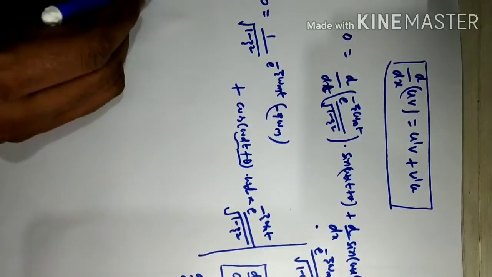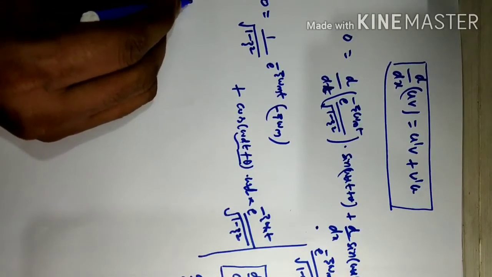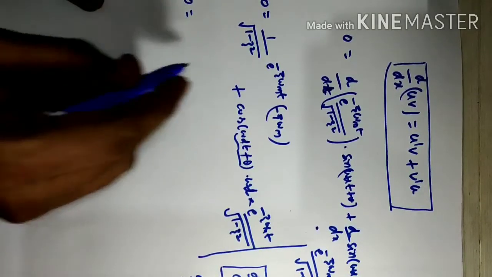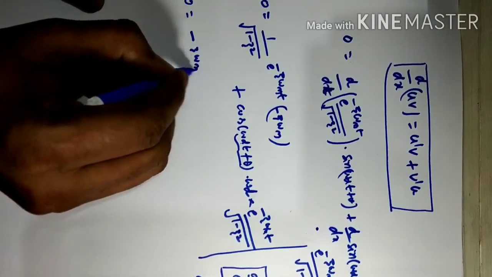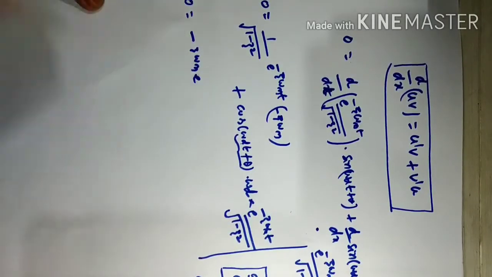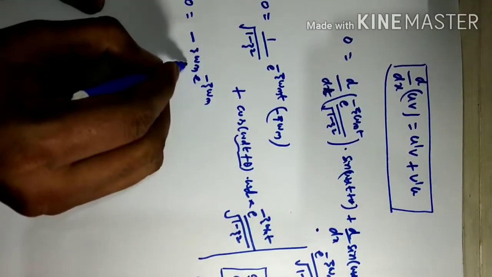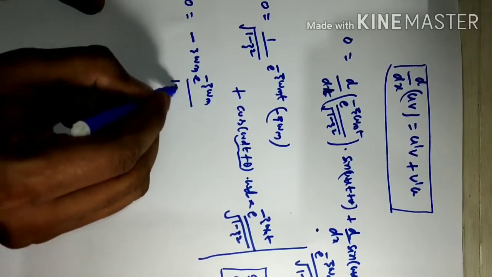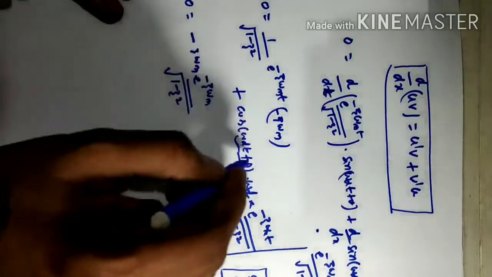Right. So now, minus zeta omega n e raised to minus zeta omega n t by root 1 minus zeta square, okay.